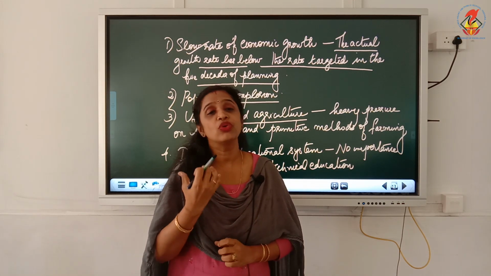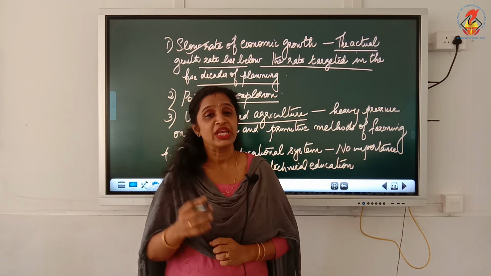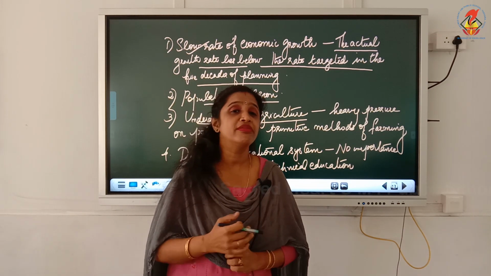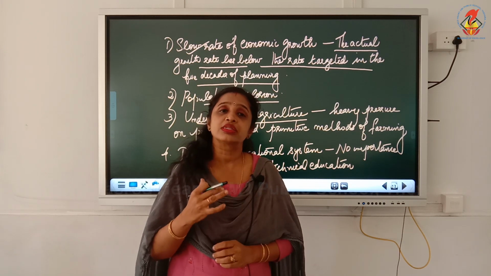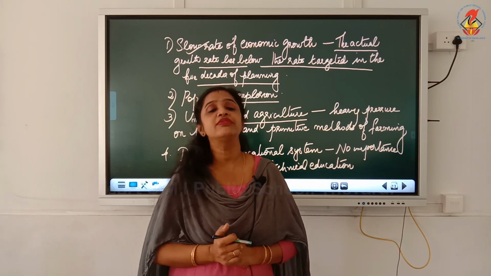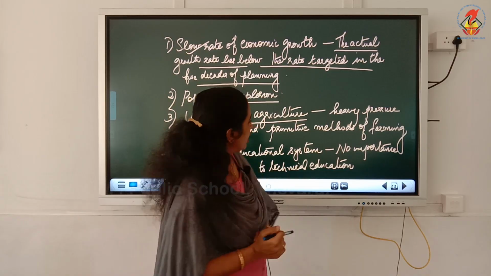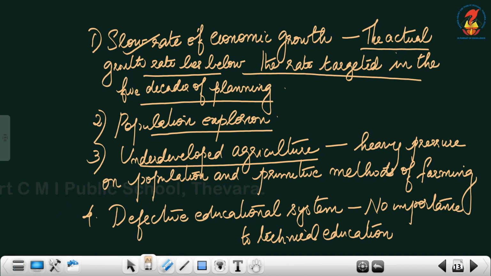Now, why the slow growth rate of the agricultural sector? In India, even now in the most rural areas, you can find people still following primitive techniques of farming, and there is no technological application there, and there is a heavy pressure on the population.